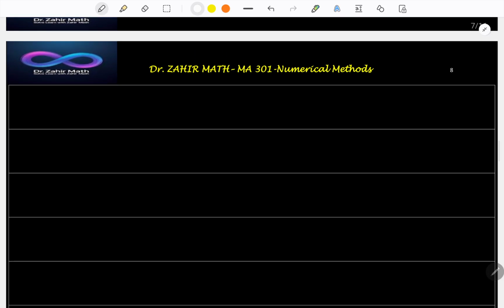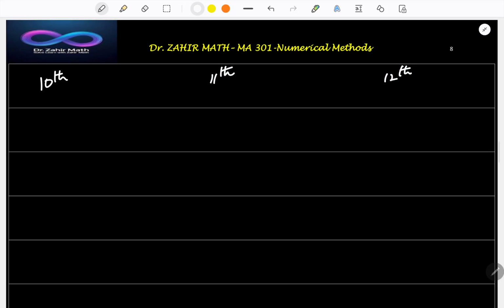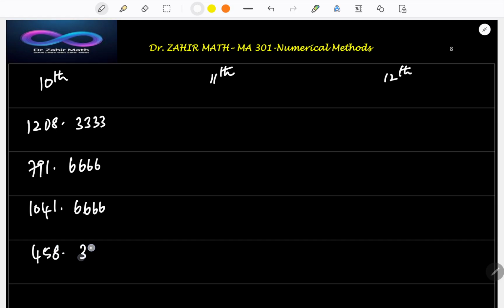No. So let me go for the 10th iteration: 1208.3333, 791.6666, 1041.6666, 458.3333. If it were 2 decimals, it might have converged by the 6th iteration.